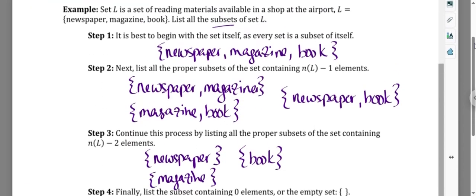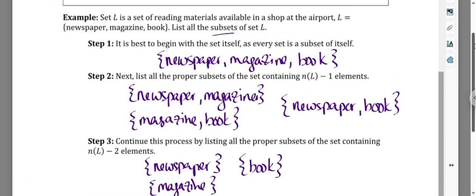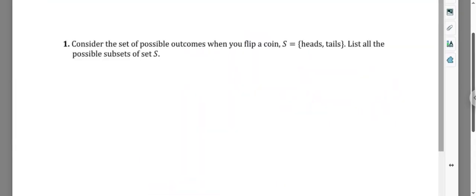So then we're going to go with, you flip a coin. What are the possible subsets of the options when you flip a coin?